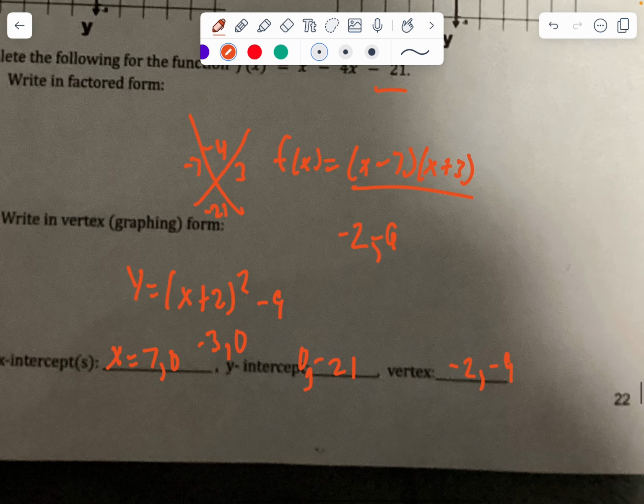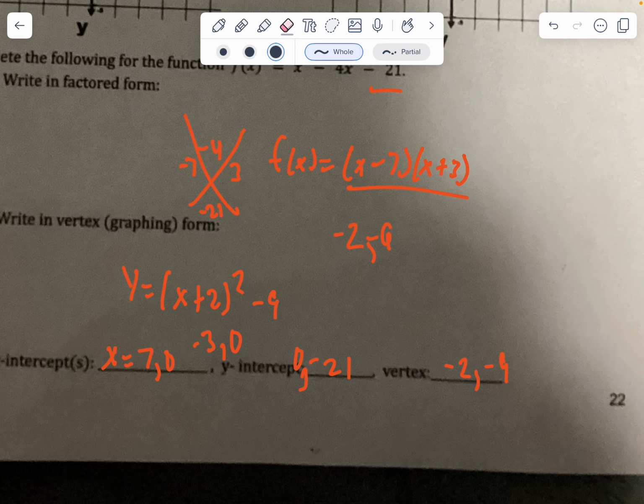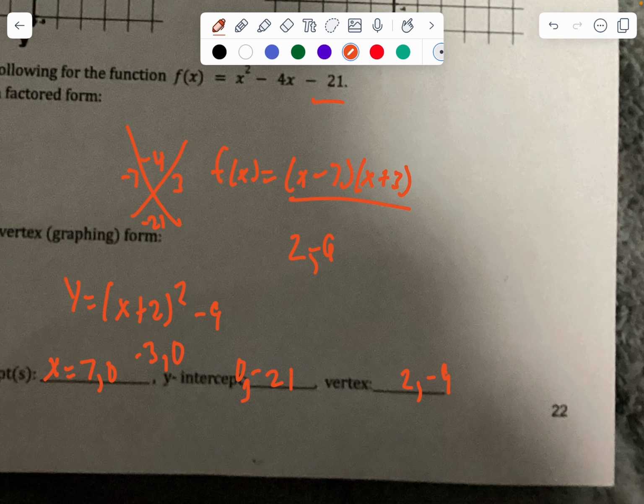Oh, I did the average of the intercepts wrong, since the x-intercepts are negative 3 and 7. The average would be 2 in between.